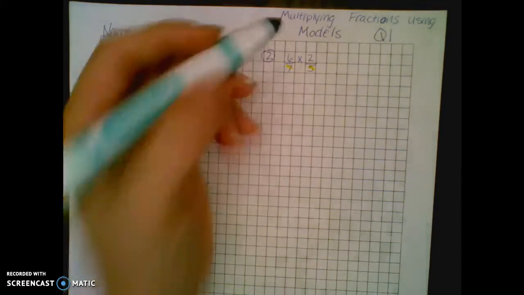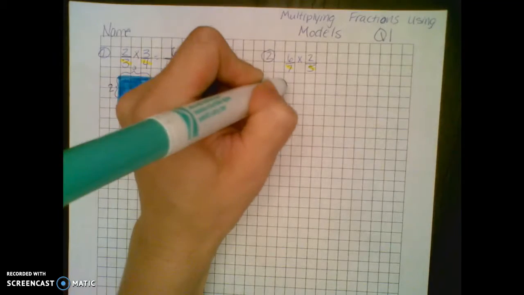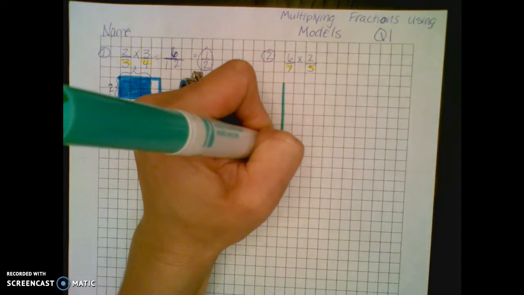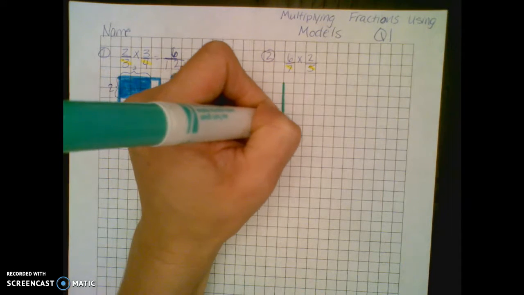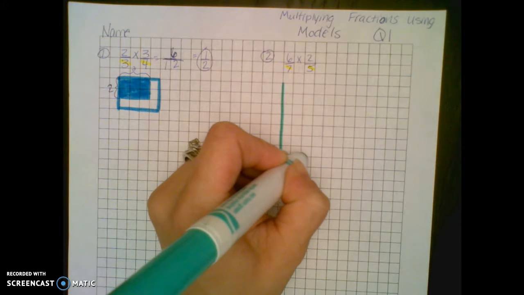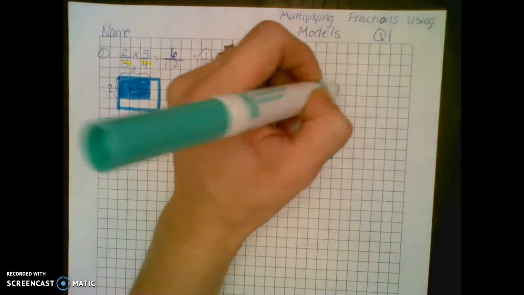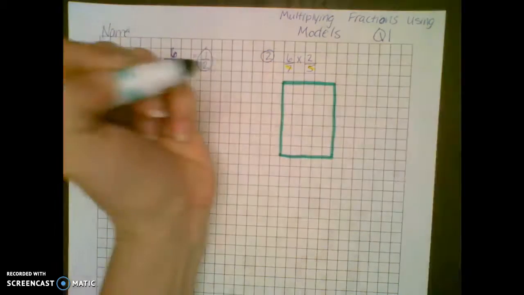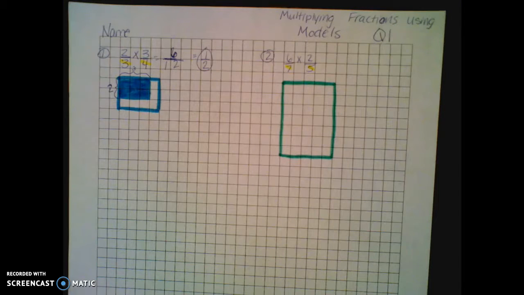So this rectangle is going to be a 7, 1, 2, 3, 4, 5, 6, 7, by 5, 1, 2, 3, 4, 5. So here is the rectangle that I'm going to use to multiply 6/7 times 2/5.